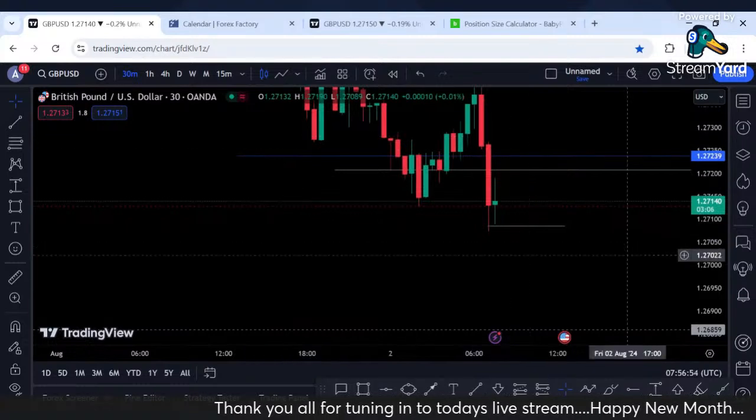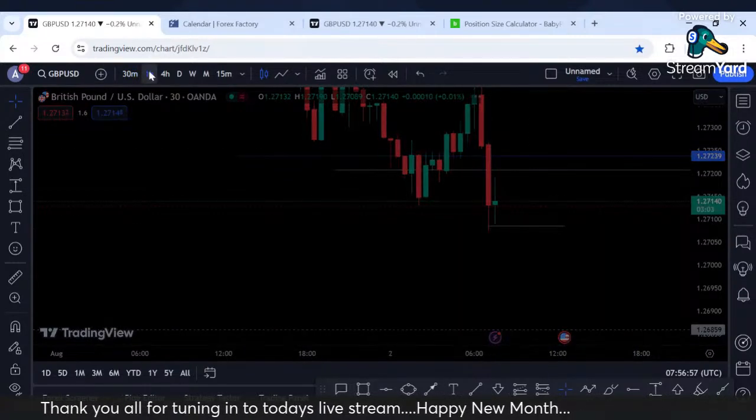When you see the 3 minutes candle, the way it is closing, I don't really like it.